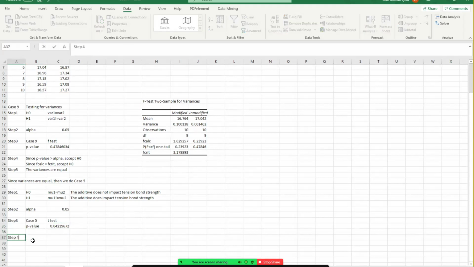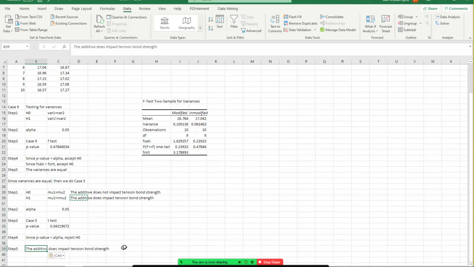Step 4: since the p-value is less than alpha, we reject H naught, and therefore our conclusion would be the additive does impact the tension constant.